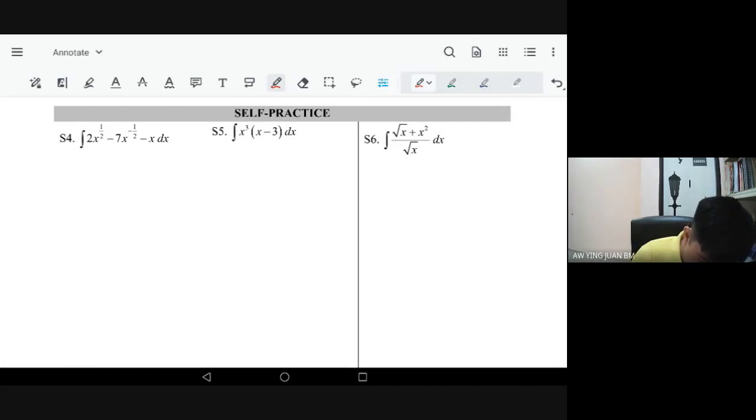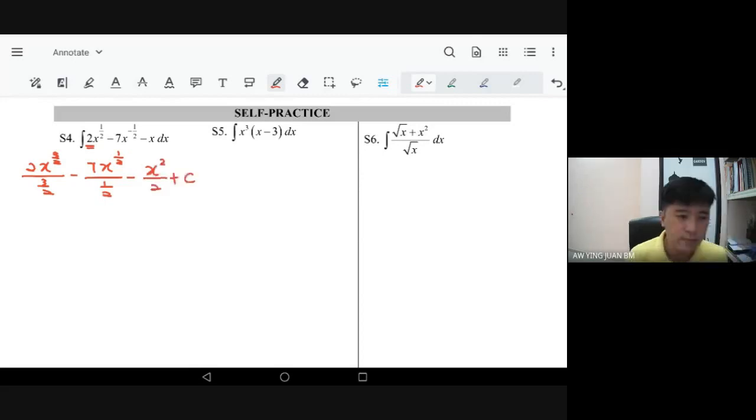Bila saya nak integrate ini, so saya dapat 2x, saya dapat 3 over 2 over 3 over 2 minus 7x, dapat 1 over 2 minus x square over 2 plus with the c. Harap tak ada masalah lah ya.